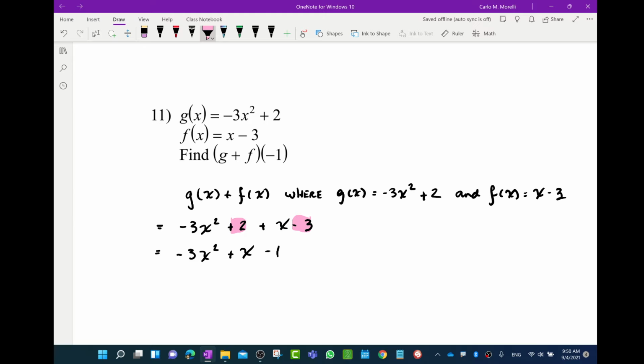Now, what they want us to do is evaluate that, right? So this is g plus f of x.